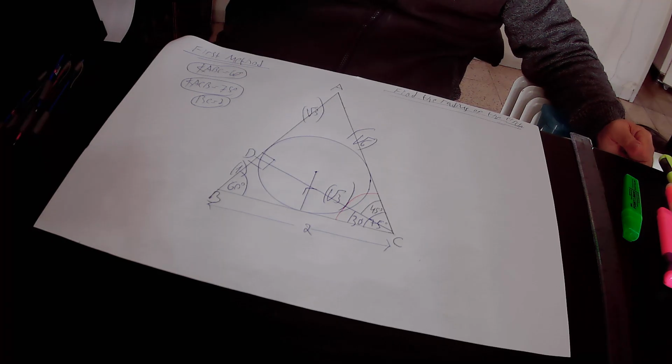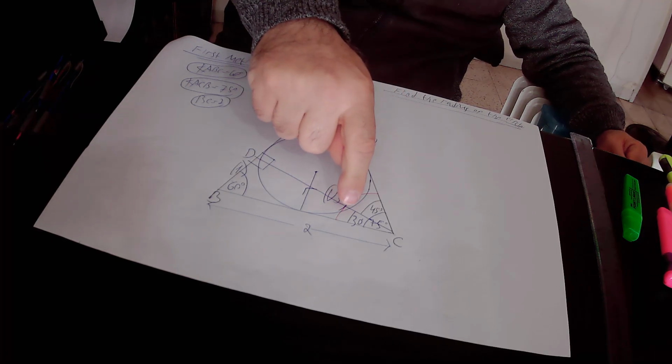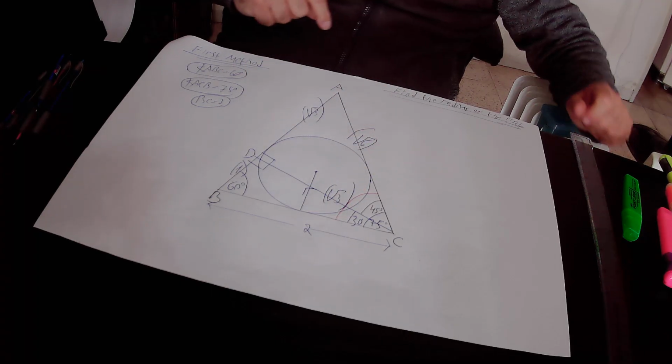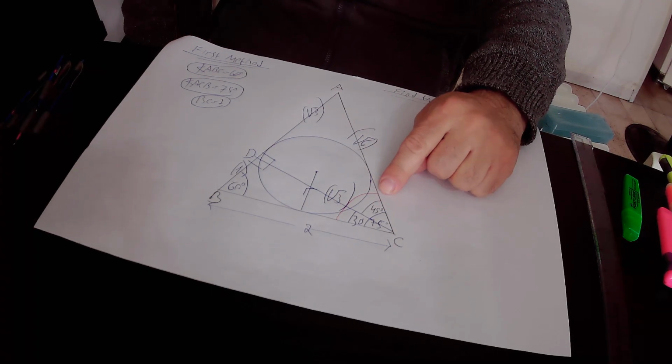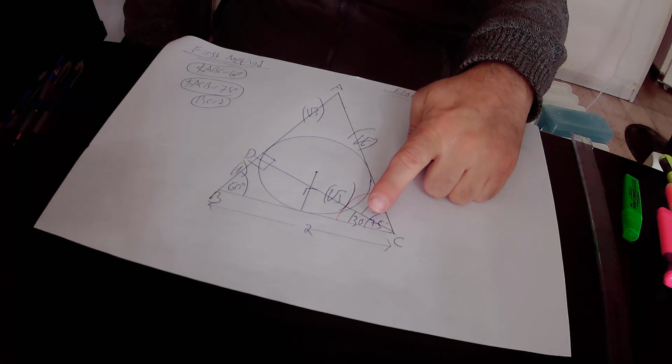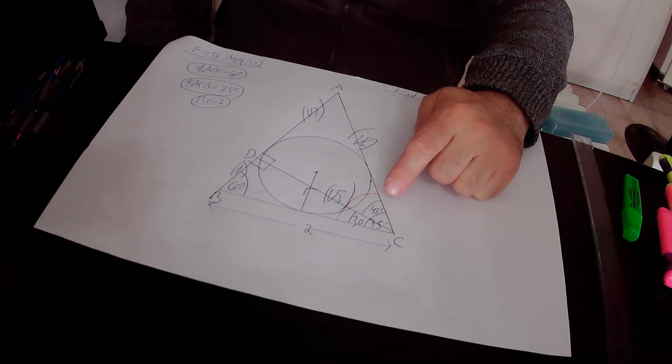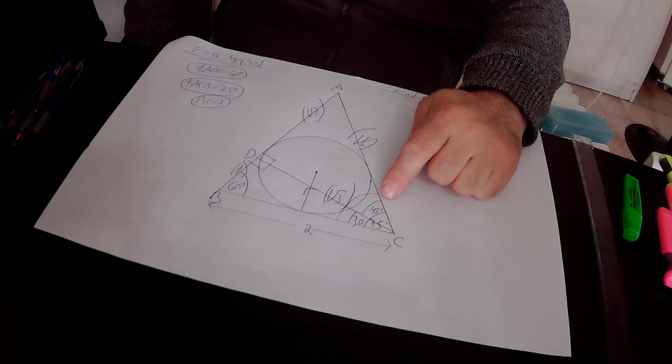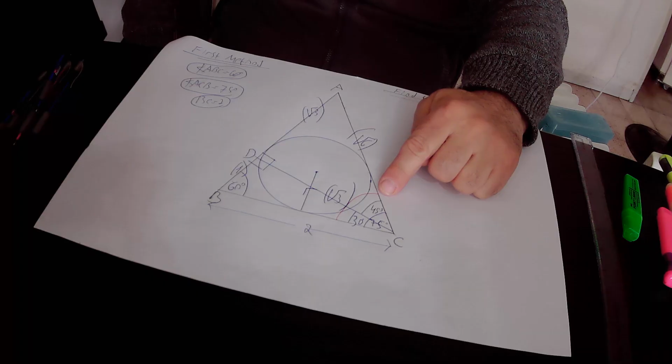So the missing angle ACD equals the big angle 75 degrees minus the small angle 30 degrees, which is 45 degrees.